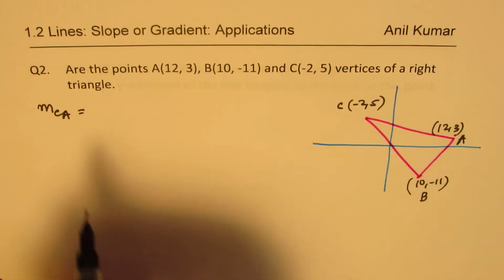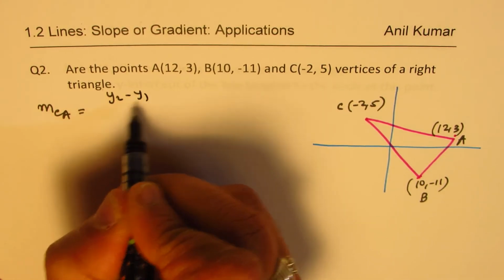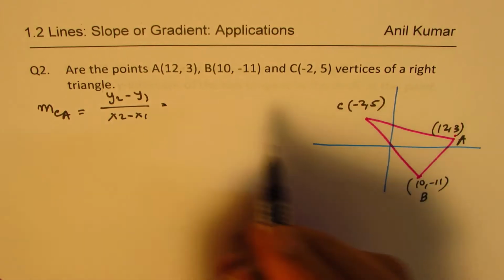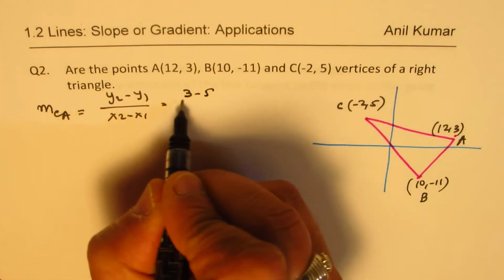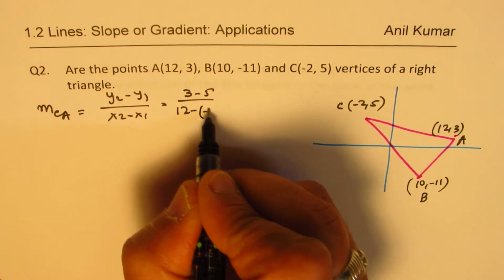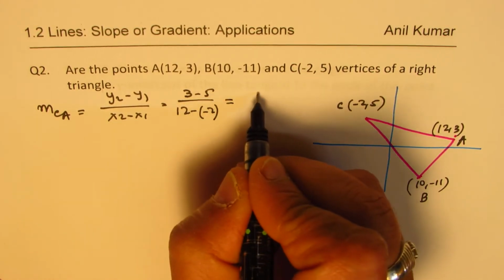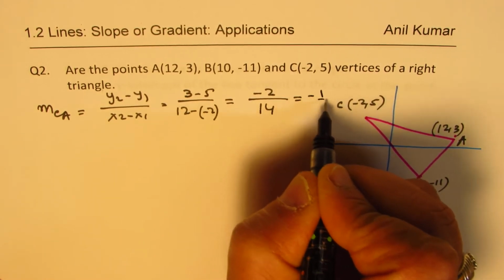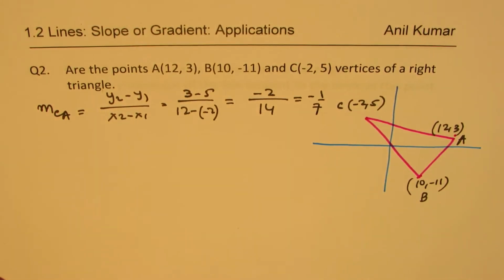So from C to A, slope will be y2 minus y1 over x2 minus x1. That is 3 minus 5 divided by 12 minus 2. 3 minus 5 is minus 2, and that is 14. So we get minus 1 over 7. Okay.